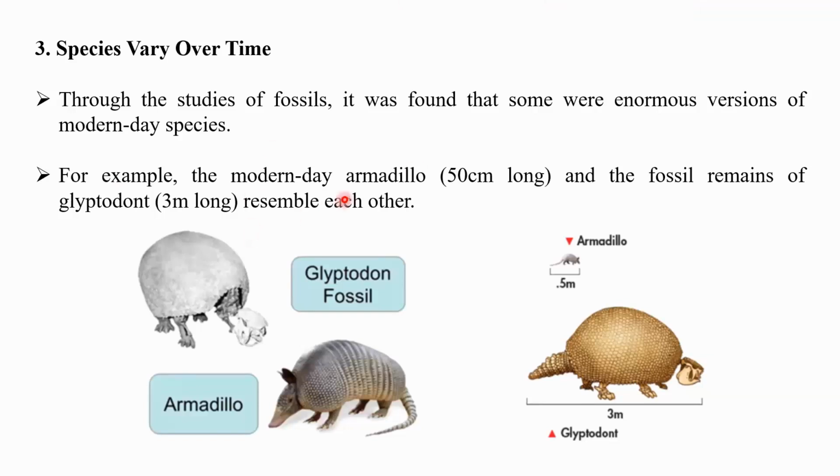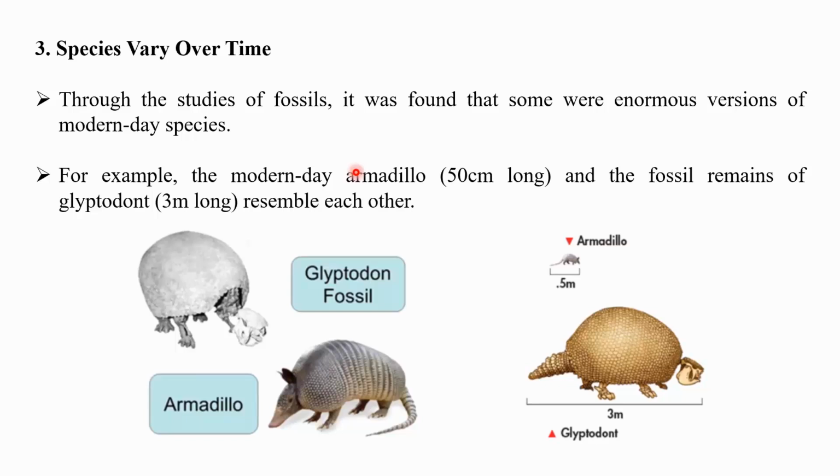For example, the modern day armadillos are just 50 centimeter long, or 0.5 meter, while the fossil remains of the armadillos that resemble the modern day armadillos are approximately 3 meter long, suggesting that the earlier versions were the enormous version of modern day species. This is an example that signifies how the species may vary over time.